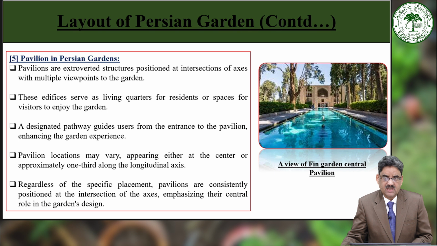There is usually a pathway guiding the user from the entrance to the pavilion. The location of the pavilions could vary in different gardens. It could be located in the center of the garden, or mostly it appeared at 1/3 of the longitudinal axis, but it was always located at the intersection of the axes.